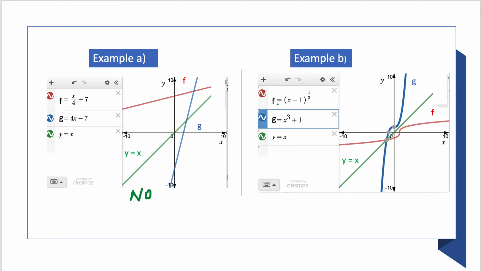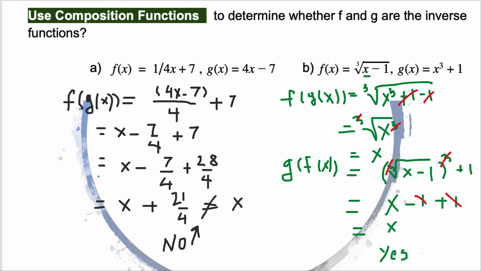But if we look now at example B, what we saw before analytically, and now geometrically, the function f and the function g are symmetric with each other with respect to the line y equals x. So we see geometrically, and we saw analytically, that in B they are inverse functions of each other, but in example A they are not.